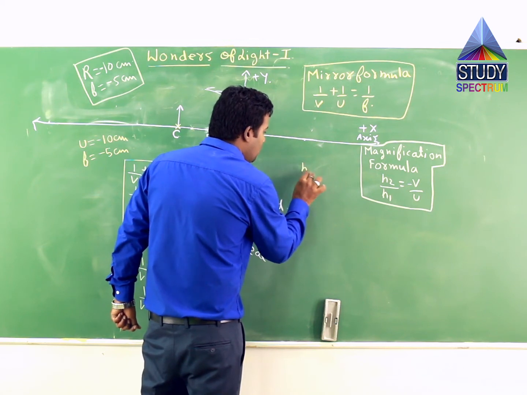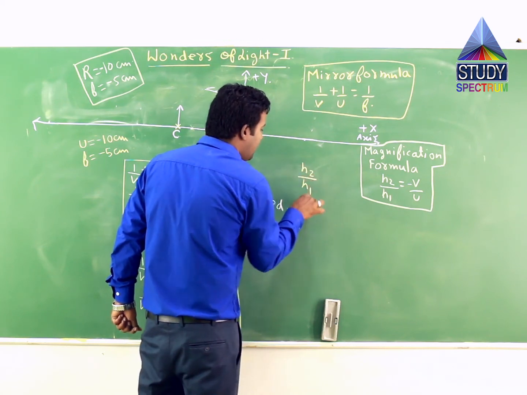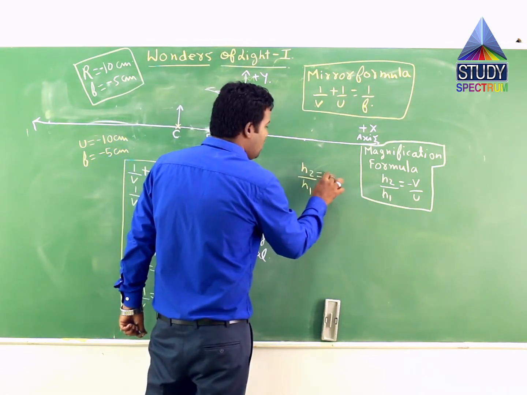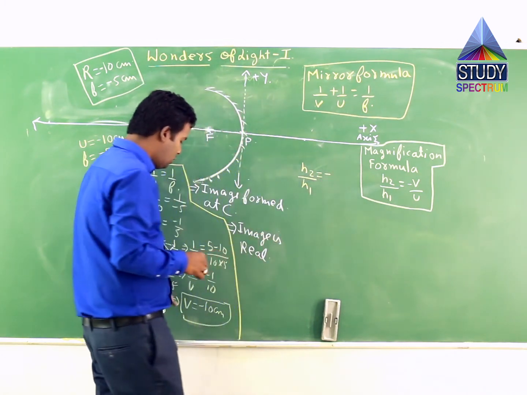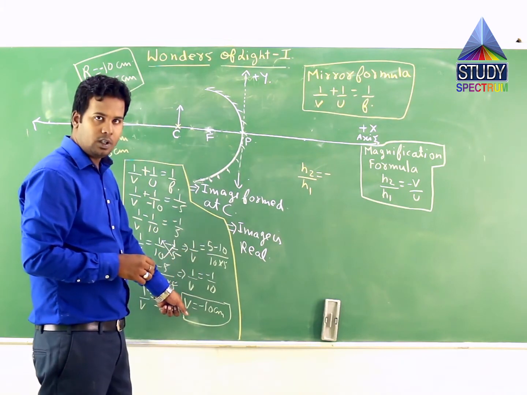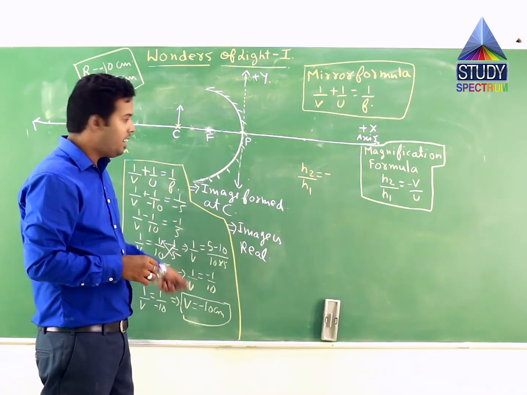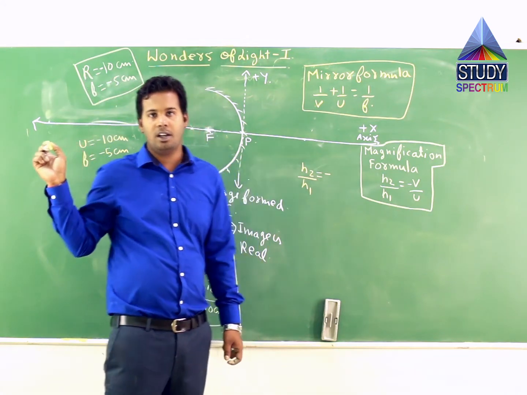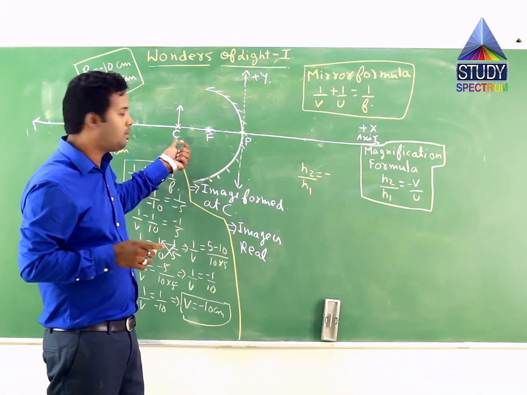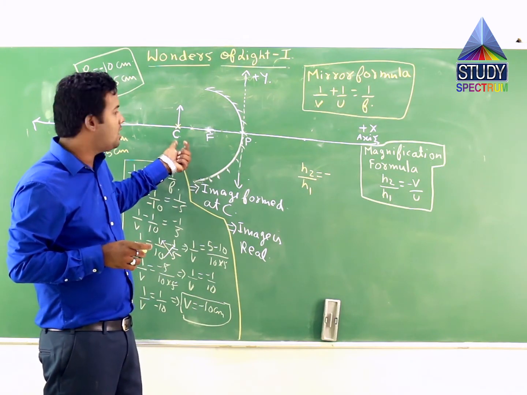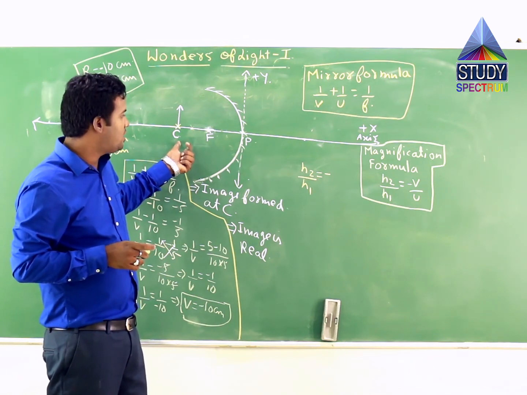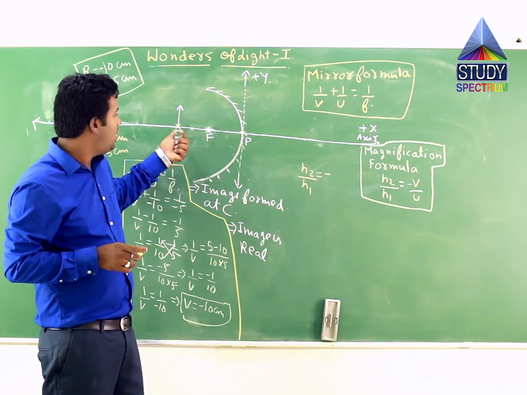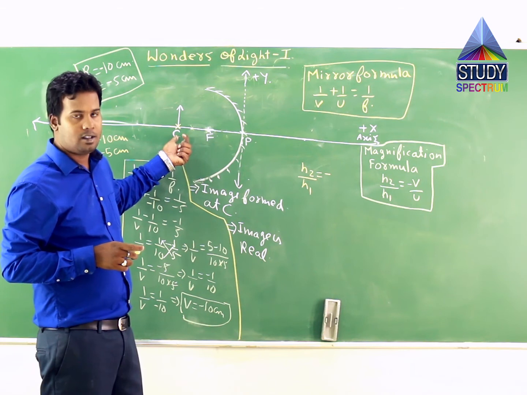H2 upon H1, that is height of image upon height of object, is equal to minus V upon U. I will substitute the value of V which I have obtained from the calculation using the mirror formula, and also the value of U which I have taken as minus 10 centimeter in this case, because the object is placed at the center of curvature, and the center of curvature is at a distance of 10 centimeter from the pole, and since it is lying on the negative x-axis, this point is minus 10.